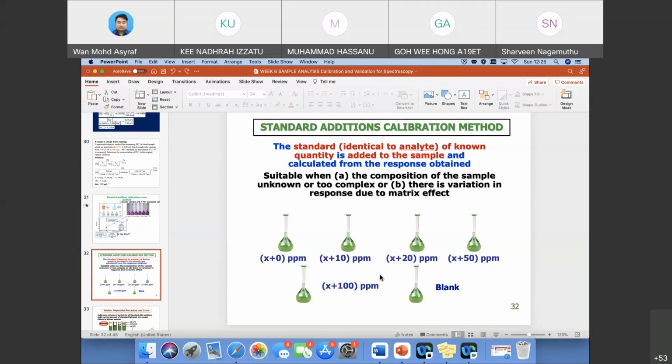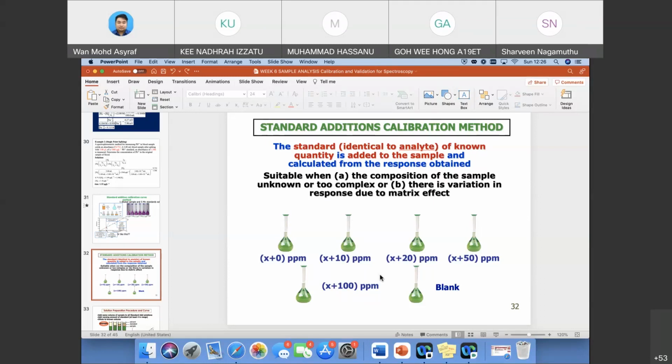It is suitable when the composition of the sample is unknown or too complex, or there is a variation in the response due to the matrix effect. So in the standard addition method, the calibration curve comes from the sample itself, where you spike your sample with a known amount of standard, rather than single point spiking or the external calibration curve method from before.